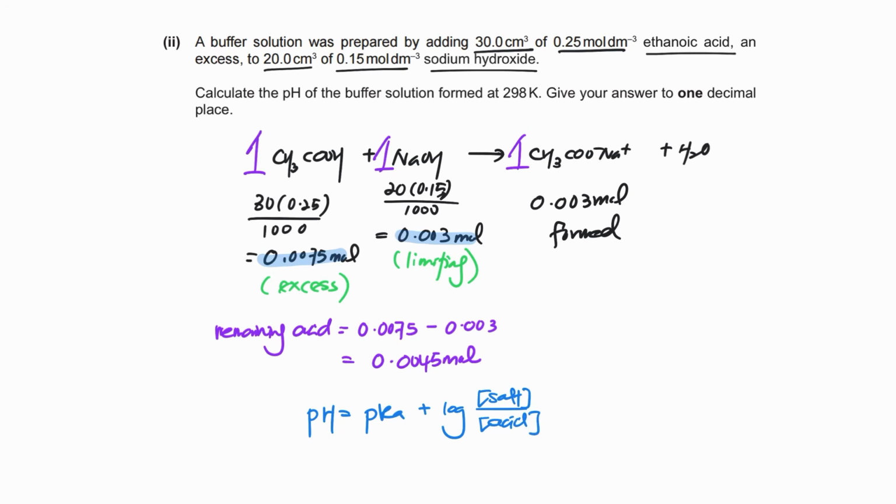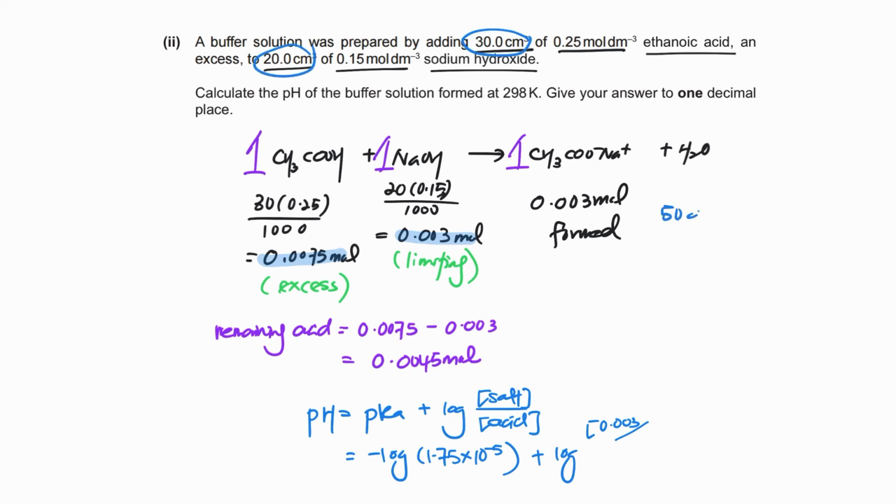Initially, the Ka of ethanoic acid is given, so we have negative log 1.75 times 10 to the power of negative 5, plus log concentration of salt. Here we have the mole of salt, which is 0.003. To get the concentration, we have to divide the moles by the volume of the mixture, which is 50.